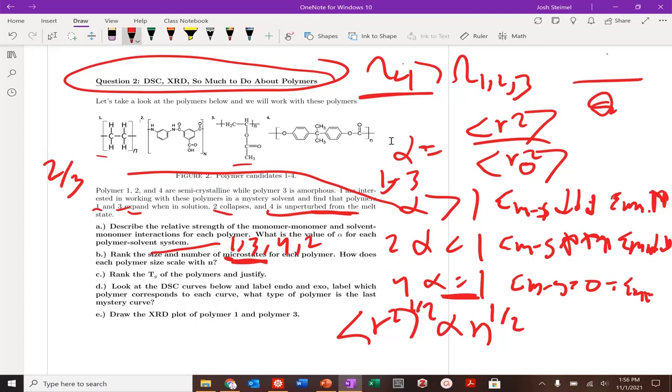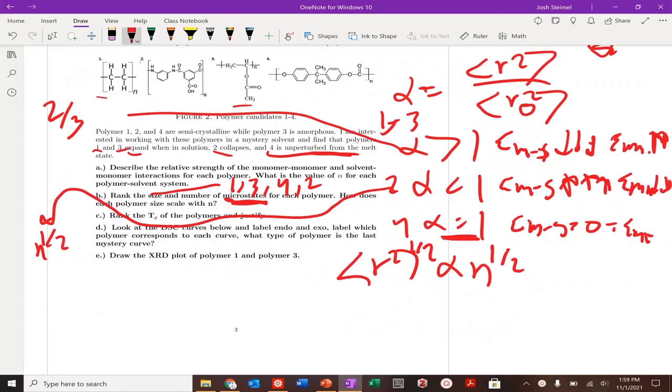And if alpha is less than 1, so in a bad solvent, it is going to be 1/3. So we can see, looking at the scaling and the size, we get these different values here.